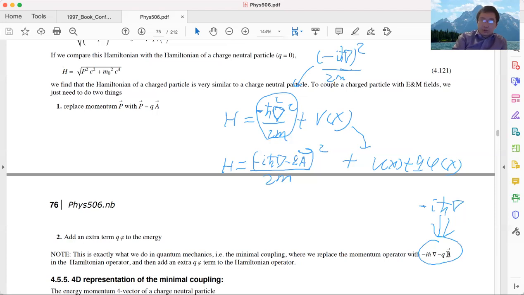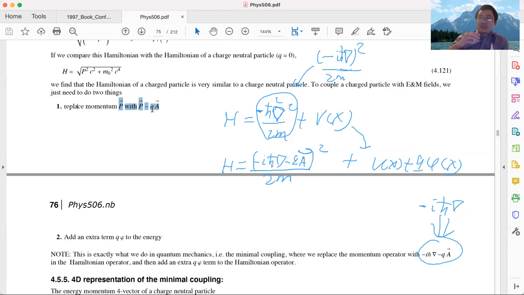Of course, in quantum mechanics, most of the time we are dealing with non-relativistic quantum mechanics. But I want to highlight that this minimal coupling principle, that you should replace P with P minus QA, comes from relativistic physics. From relativistic physics, we learned that we have to do this substitution.